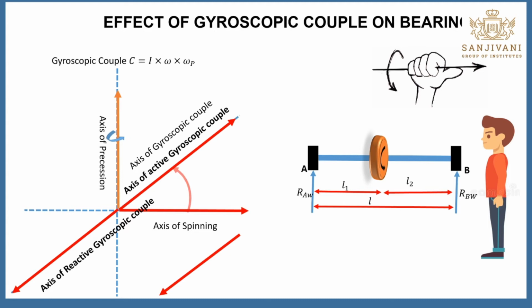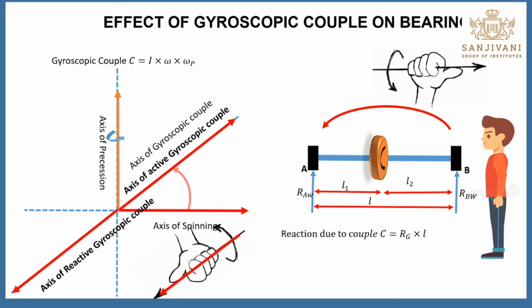Orient your right hand thumb towards you and check the direction of the fingers. The fingers rotate in the anti-clockwise direction. This is the reactive gyroscopic couple.